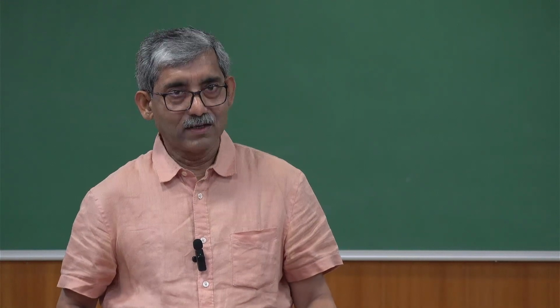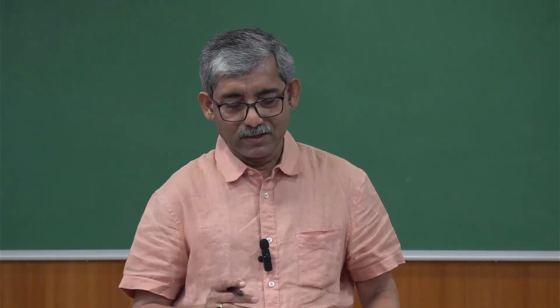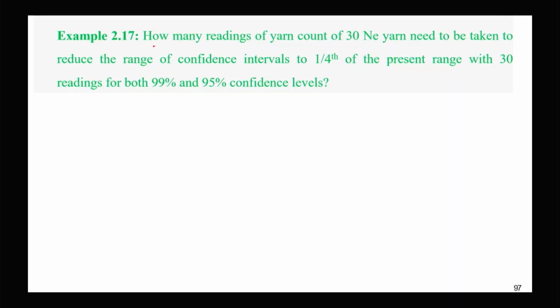Now our next problem would be the number of readings: how many samples we have to test. Ideally, if we test the entire population, we will get the most correct result, but testing the entire population is not possible.